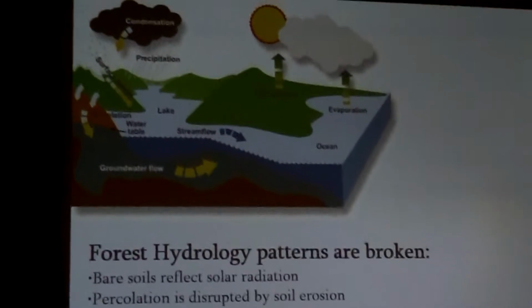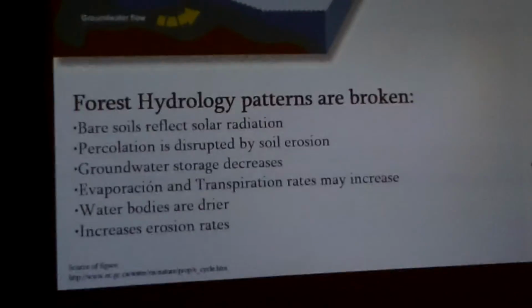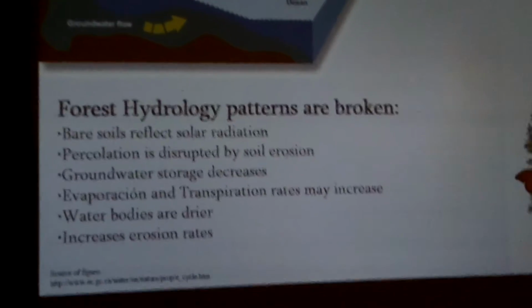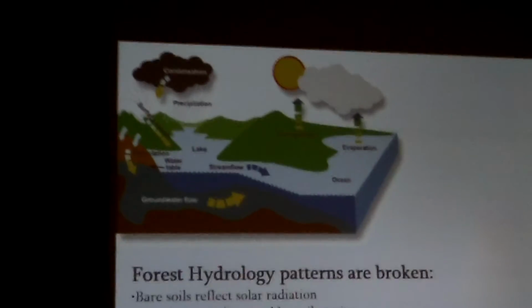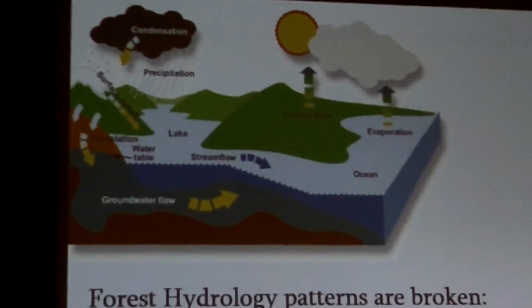The evapotranspiration rates are broken as well. They are higher. The trees need to cool down, so they need to suck up more water, and there is no water because the creeks and rivers are practically dry. Which is another problem for the monarchs, because they don't find water to drink.